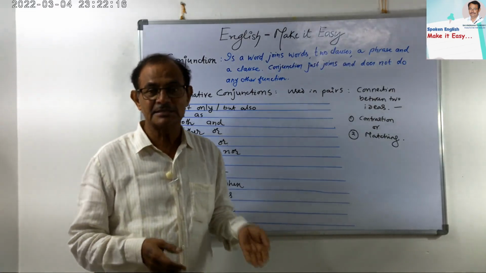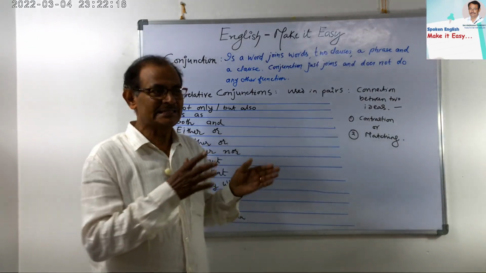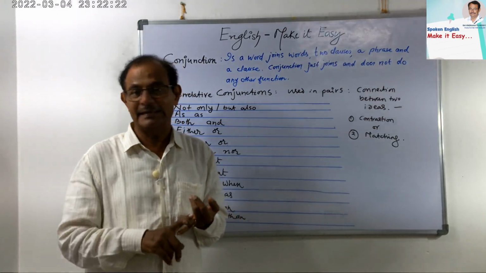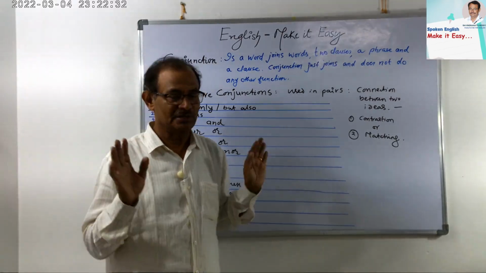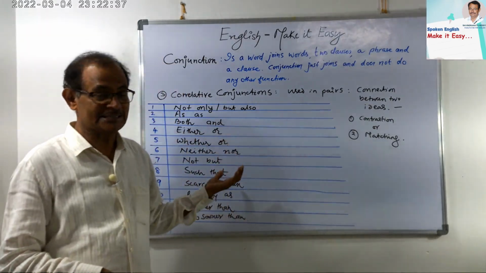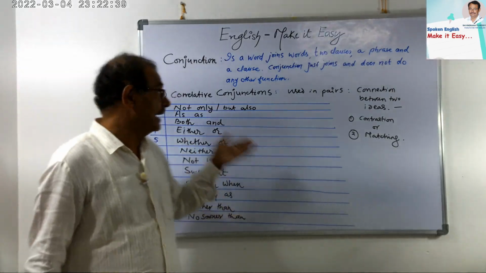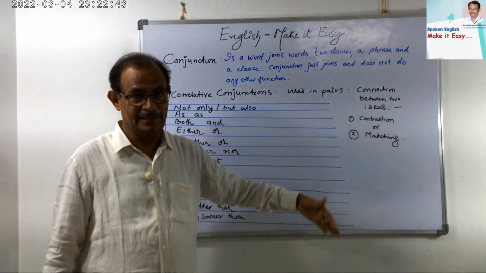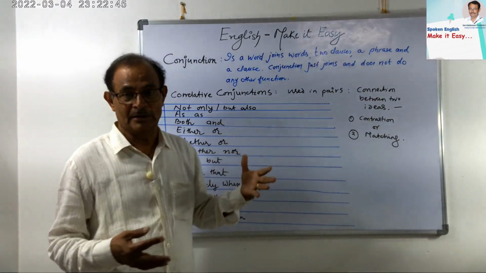So the conjunctions, I will summarize. The conjunction does the function of joining two words, a phrase and a clause, or two clauses. And the different types of conjunctions are coordinating conjunctions, subordinating conjunctions, and correlative conjunctions. I have explained all of them, and I have given FANBOYS.